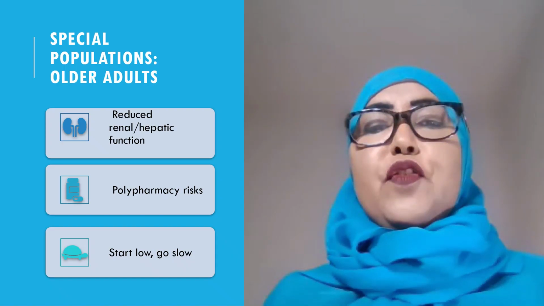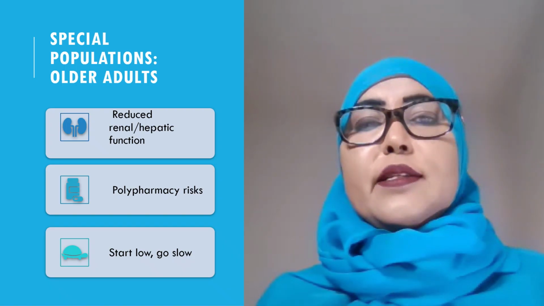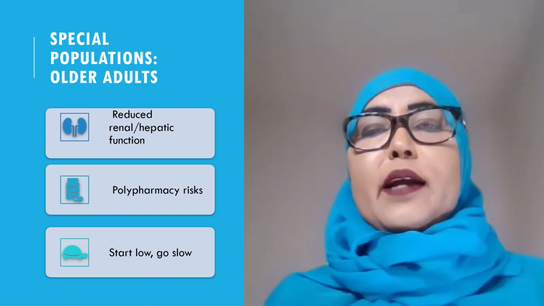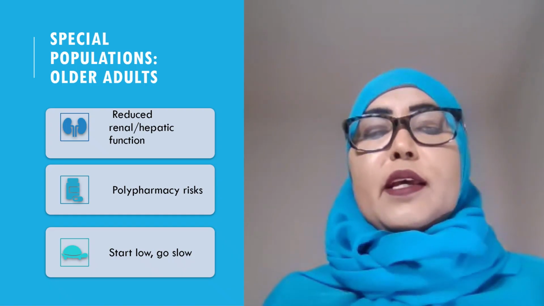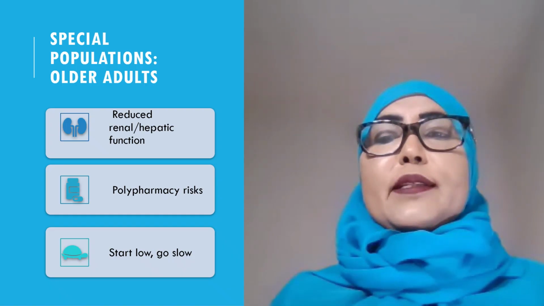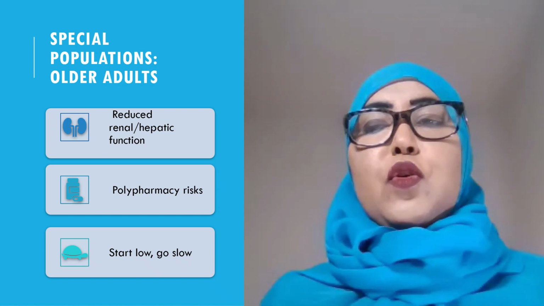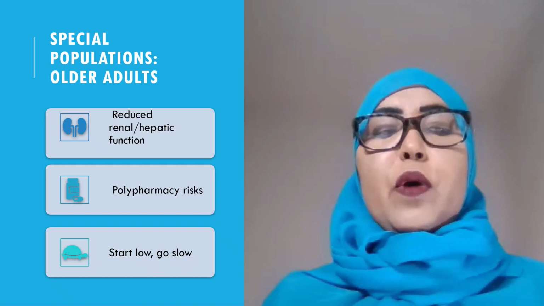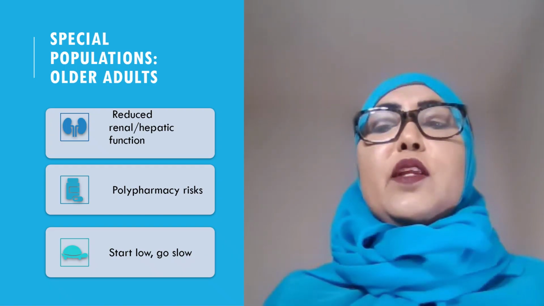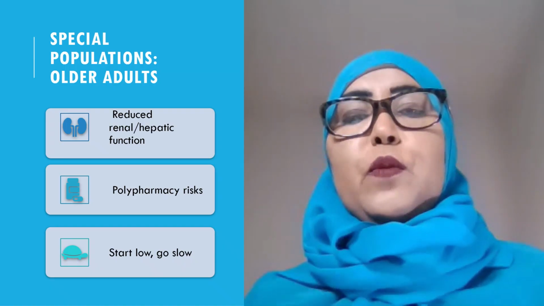They are at risk for polypharmacy. They are taking a lot of different drugs that can interact and that can have a lot of side effects. So start low and go slow. You begin with a lower dose, and then you increase the dose slowly if you need to.